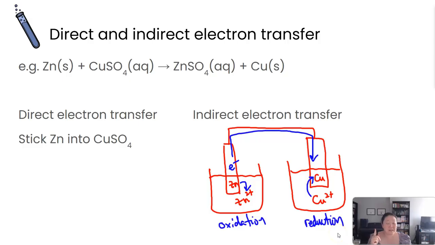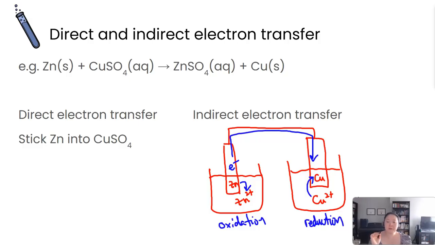In this reaction itself, there is nothing that requires that zinc and that copper to be in the same place. The only real interaction between them is the fact that one of these reactions releases electrons and the other one has to take them. So, yeah, this is something that can happen.